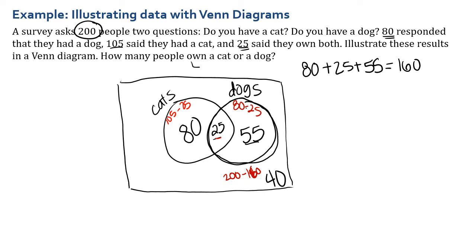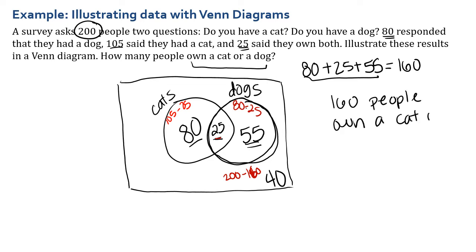So when this question asks how many people own a cat or a dog, I'm adding up these values, which I've already done here. So 160 people own a cat or a dog.